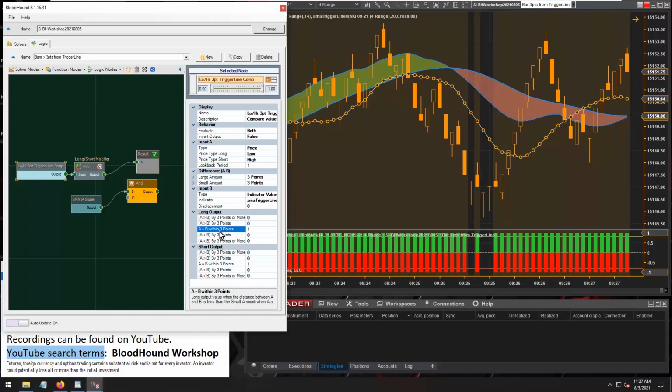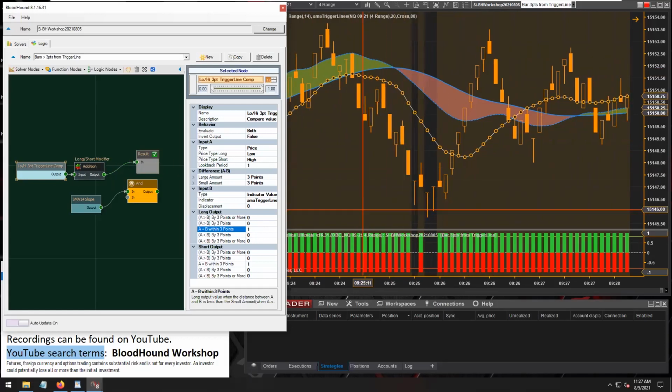So this comparison solver is telling me, if the low or the high of the bar is 3 points or closer to the trigger lines, then I get an output. Basically, just adjusting my outputs gives me the same results as using that inverter node.